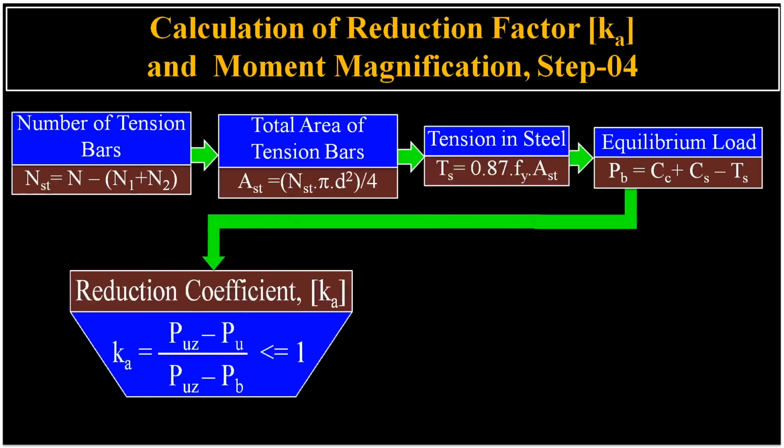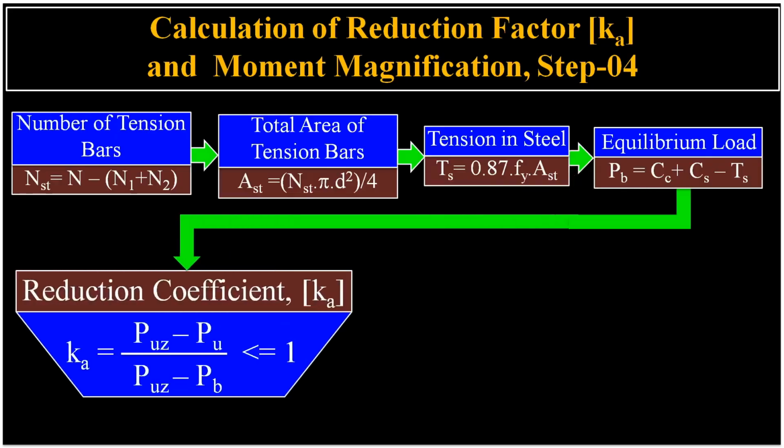Reduction coefficient, Ka. Finally, we have calculated all the parameters for the reduction coefficient, Ka. Once again, the formula for Ka equals Puz minus Pu, whole divided by Puz minus Pb. And the value of Ka must be less than or equal to 1.